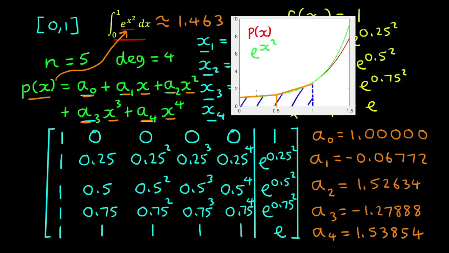The area of the first trapezium is e to the 0 squared, which is 1, plus e to the 0.5 squared, over 2, multiplied by the length, which is 0.5, and plus the area of the second trapezium. So I have e to the 0.5 squared plus e to the 1 squared, over 2, times the length of that trapezium.